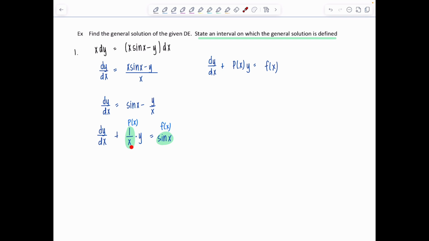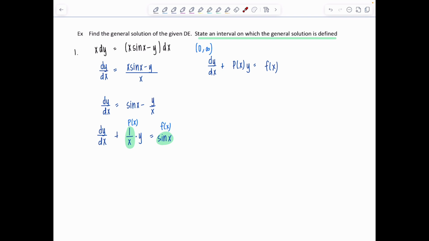So excluding 0, I could either go from negative infinity up until 0 or from 0 to positive infinity. What's usually easier is to choose positive values of x. So we're going to choose the interval from 0 to infinity. And then I have no restrictions from sine of x. Sine's domain is all real numbers, so sine of x will be continuous on this interval as well.